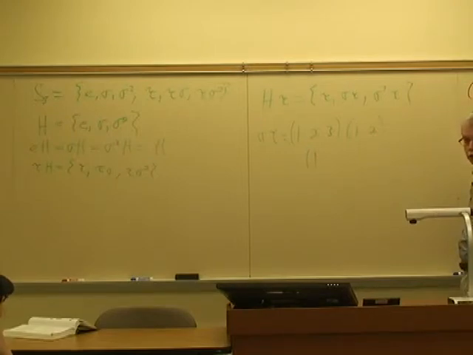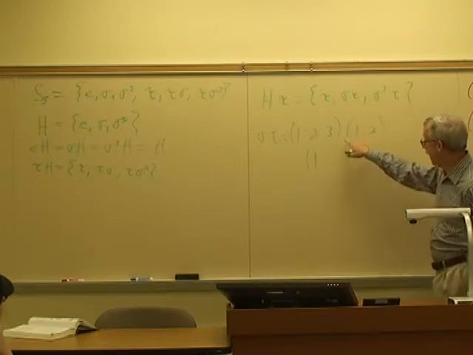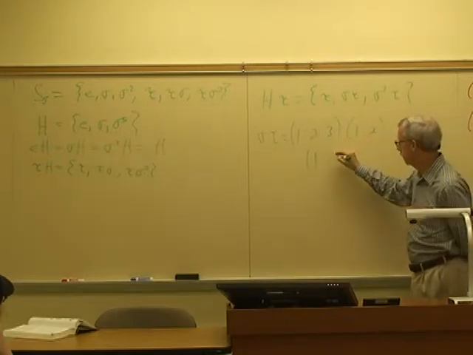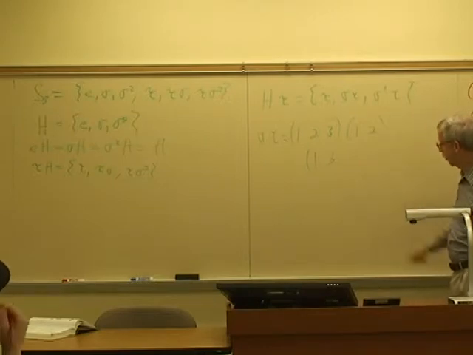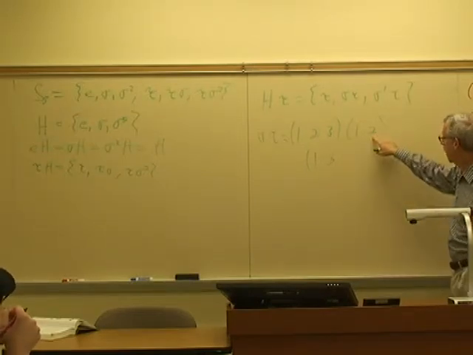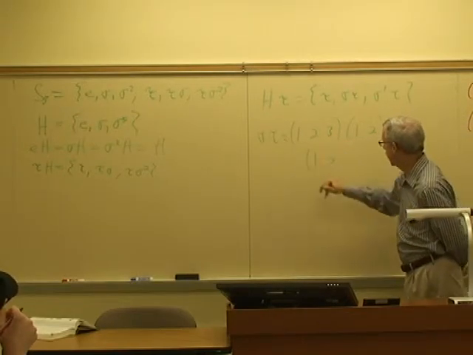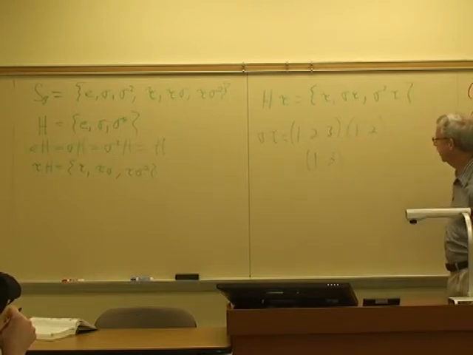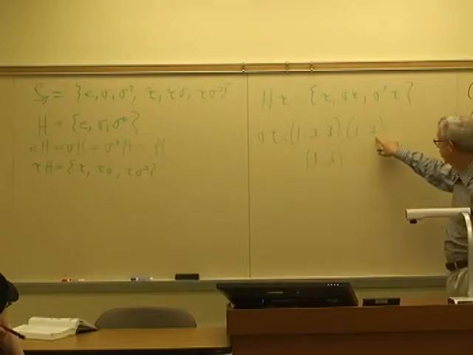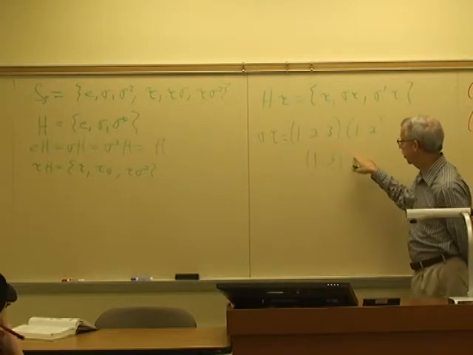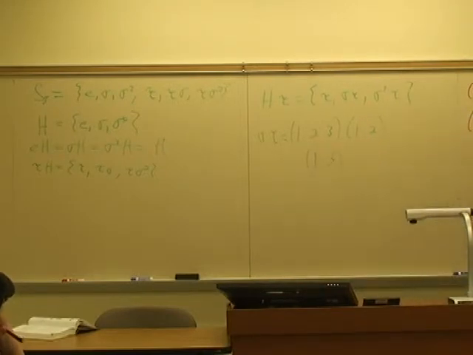Do the composition first to the right. So 1 goes to 2, and then 2 goes to 3. Now I have to worry about where 3 goes, right? This guy doesn't touch 3. 3 goes to 1. That's it, right? And where does 2 go? 2 goes to 1. Goes to 2. So that's actually sigma tau.